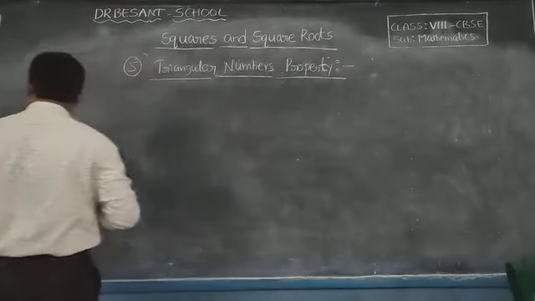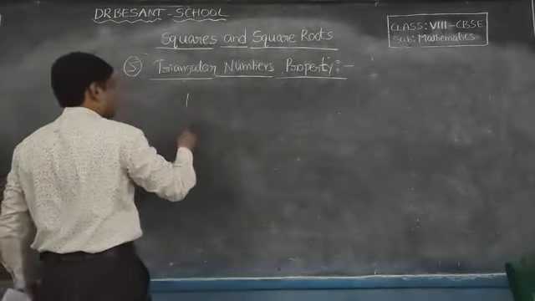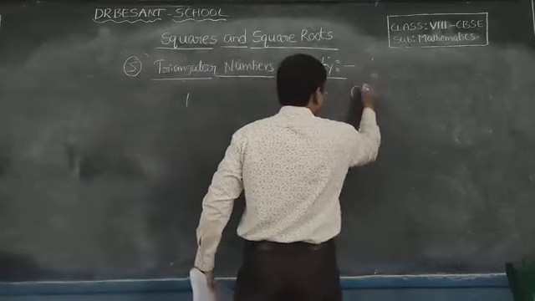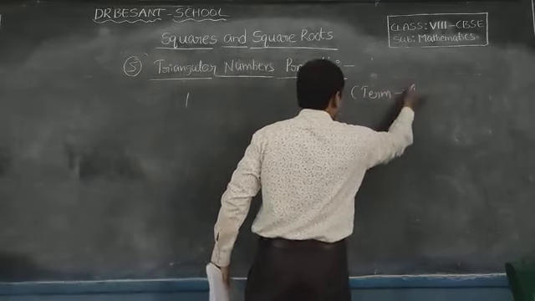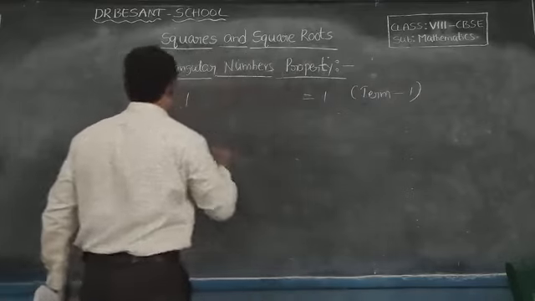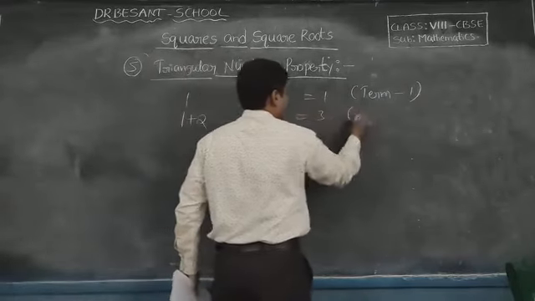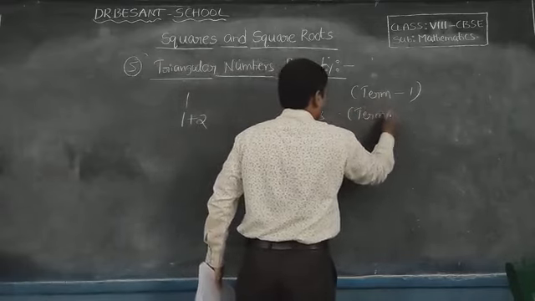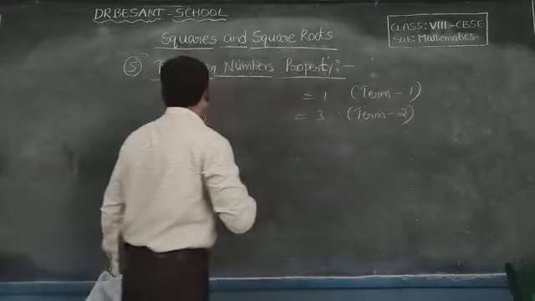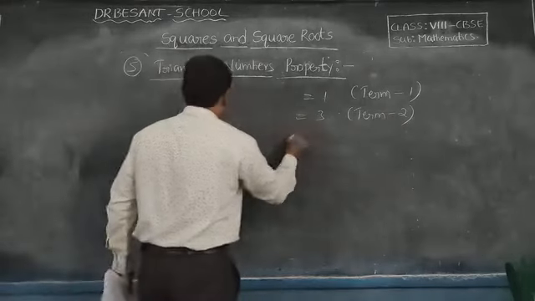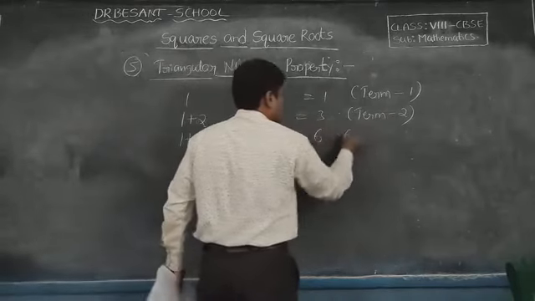Okay, so 1, that is equal to 1 now. This is term 1. Next 1 plus 2, that is equal to 3, term 2. 1 plus 2 plus 3, 6.